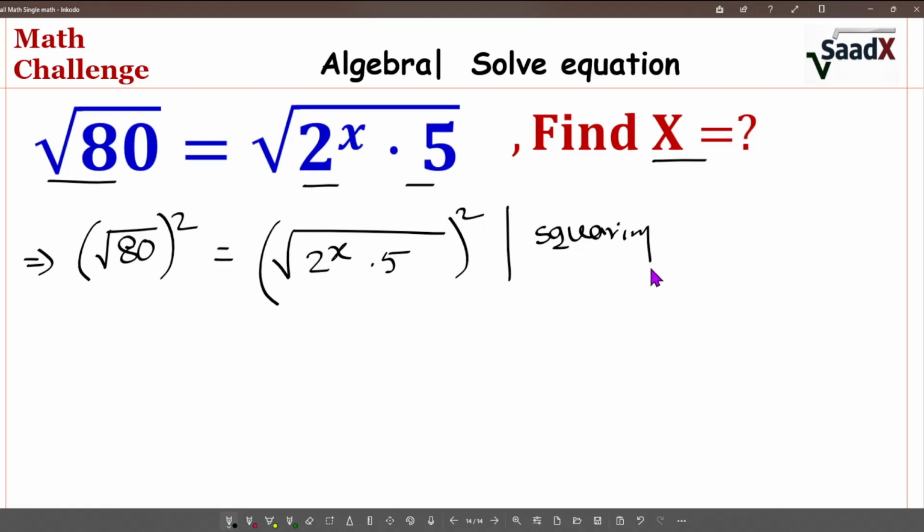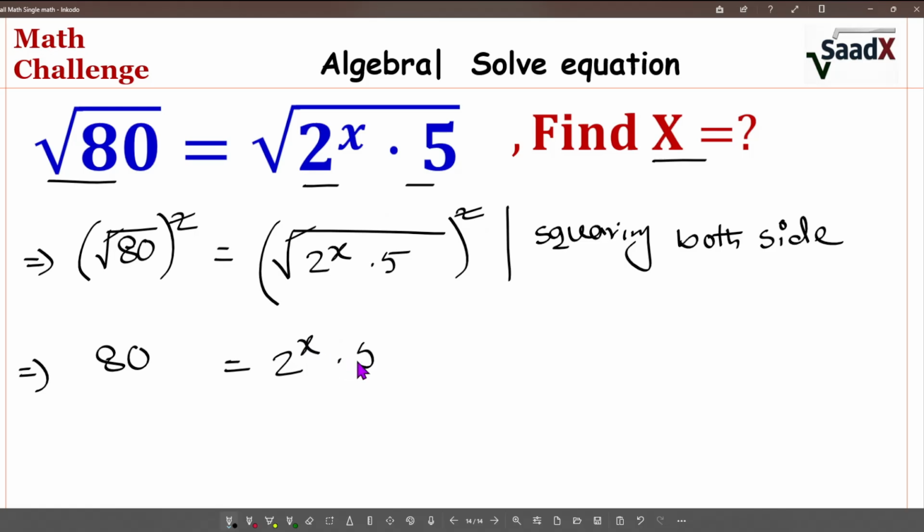Squaring both sides, the root and square cancel out, leaving only 80, and similarly on the right leaving 2 to the power x times 5. Now we can divide both sides by 5. So 80 divided by 5 equals 2 to the power x times 5 divided by 5. The 5 and 5 cancel out, and 80 divided by 5 is 16.